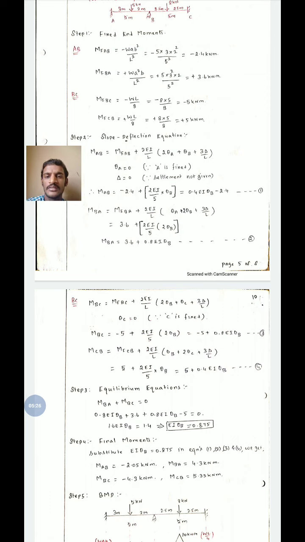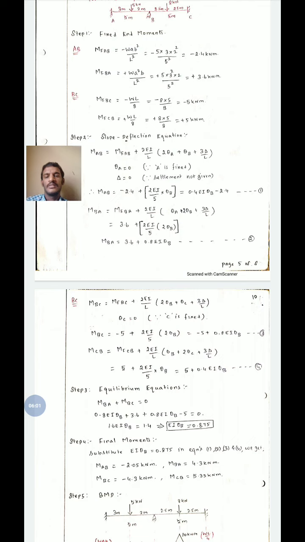M of BC plus 2EI divided by L into 2 theta B plus theta C plus 3 delta by L. Substituting the fixed end moment values and theta values, we get MBC is equal to minus 5 plus 0.8 EI theta B as the third equation, and the fourth equation as MCB is equal to 5 plus 0.4 EI theta B. Finally, for the two span continuous beam, we get the final 4 equations.